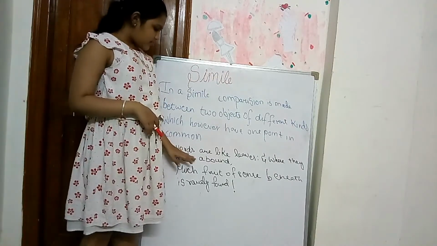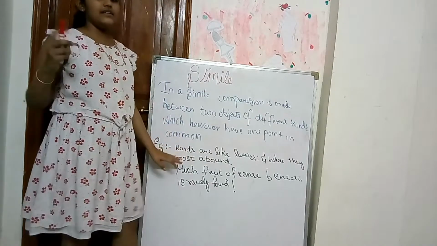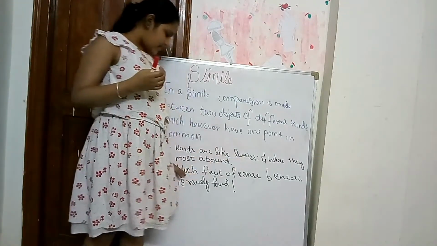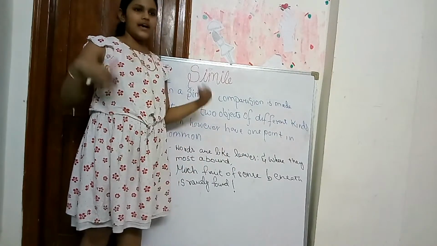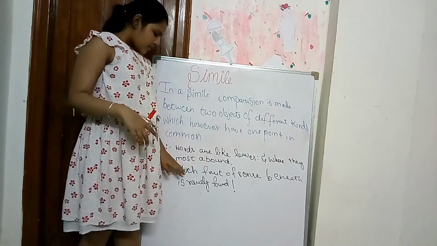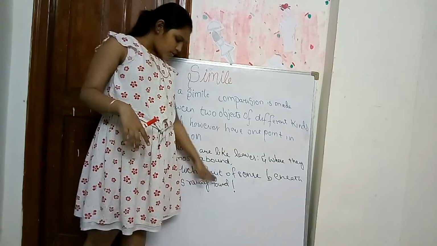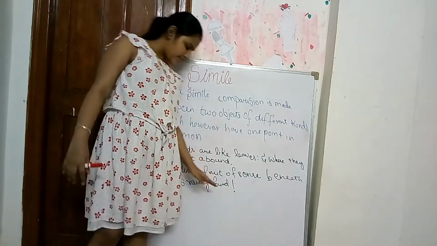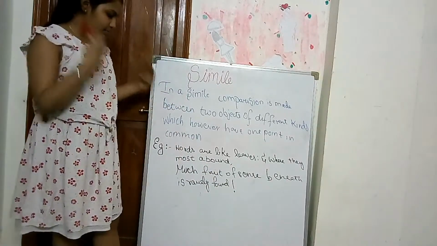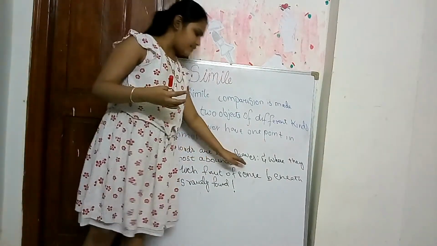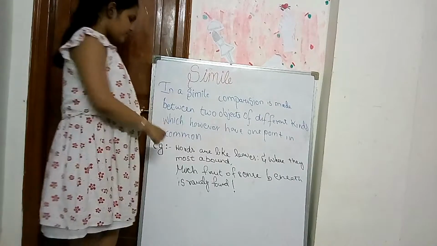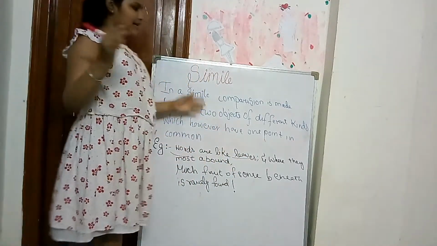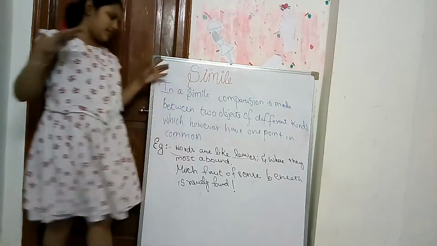Here it says words are like leaves, and where they most abound, where they are most found, much fruit of sense beneath is rarely found. That means you are comparing both, words and leaves. You are comparing these two, which are nowhere related. They are both of different kinds.